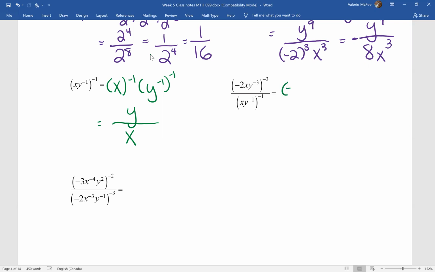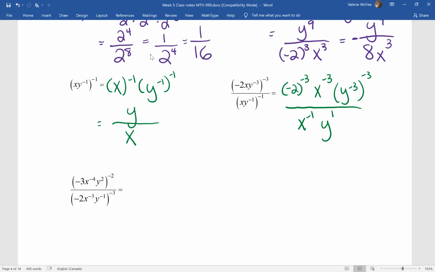So we have negative 2 raised to the power of negative 3, x raised to the power of -3, y to the -3 raised to the power of -3, all over x to the -1 over y to the +1.